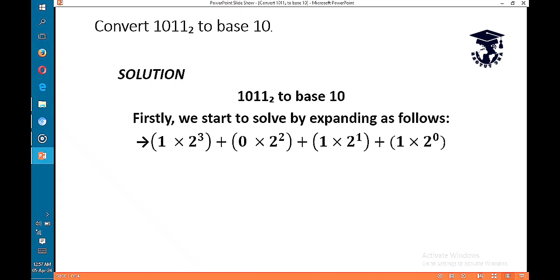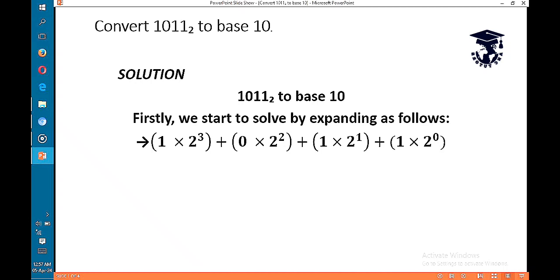It has 4 digits. Okay, so to expand, we take each of the digits of the number we are given and multiply by the base. For example, in this question, the first digit of the number we are given is 1, while the base is 2. And that is why we have 1 times 2 in the first bracket.